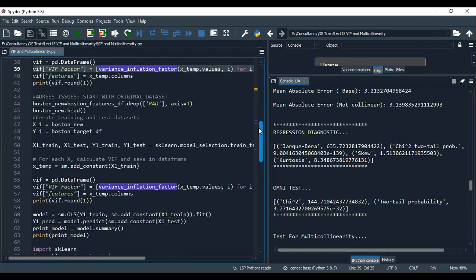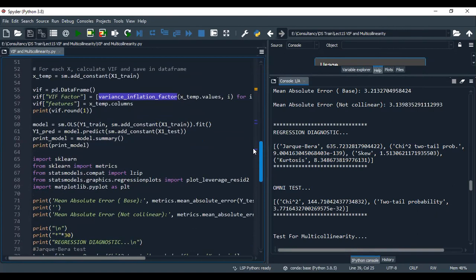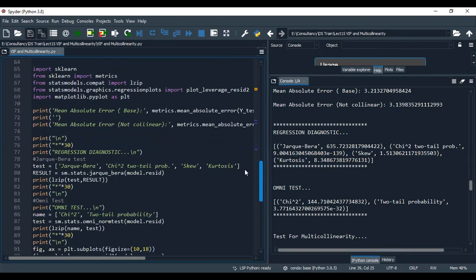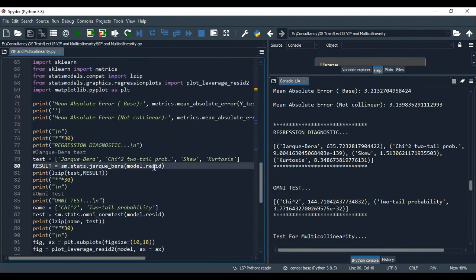Now, this model has certain residuals, and you are passing these residuals to the JB test, and then you are doing the zip. The zip function basically creates ordered pairs. Say A is a list, 1 and 2, it has two values, and B is a list with two names, Hari and Ravi.